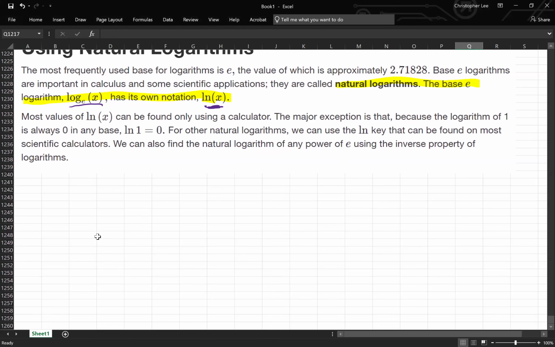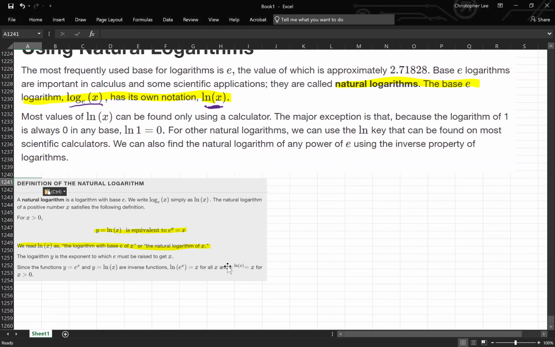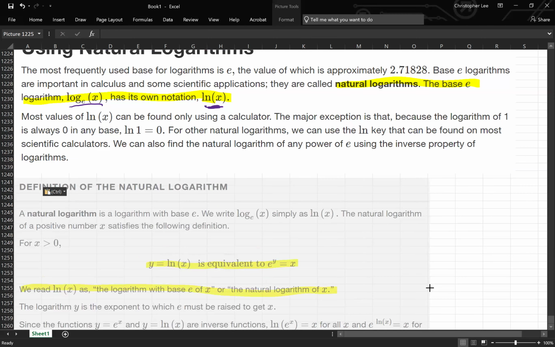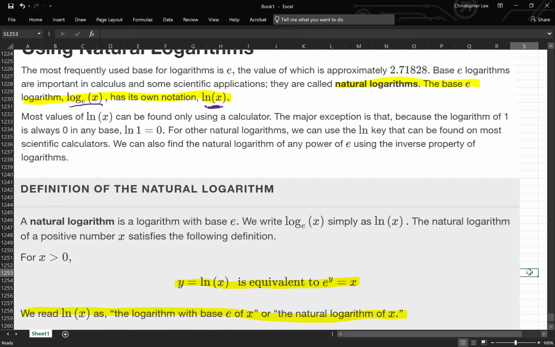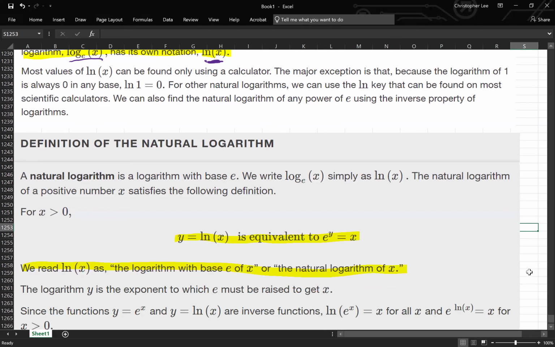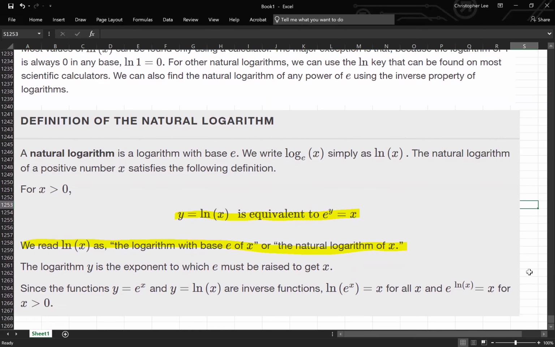Let me talk about natural logarithms a little bit. I want to make sure y'all get this. A natural logarithm is a logarithm with base e. We write log base e of x simply as ln x. For x greater than 0, y equals ln x is equivalent to e to the y power equal to x. We read ln x as the logarithm with base e of x, or the natural logarithm of x.